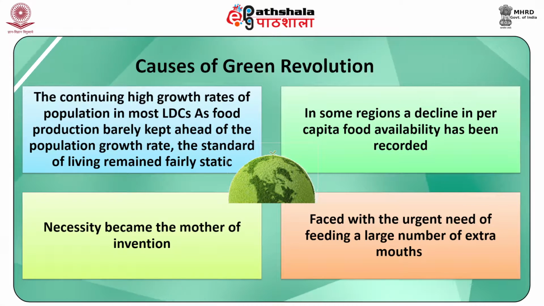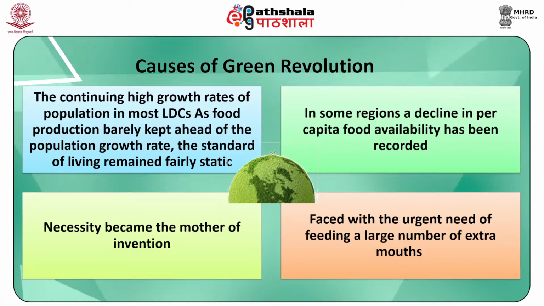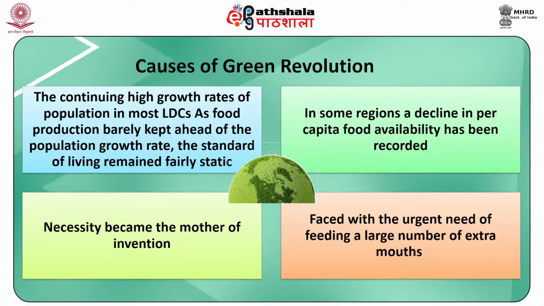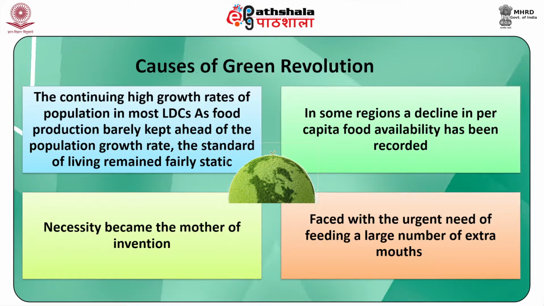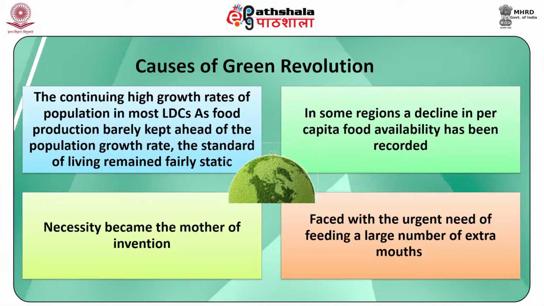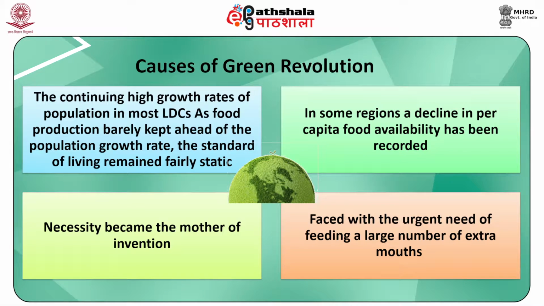As food production barely kept ahead of the population growth rate, the standard of living remained fairly static. In some regions, a decline in per capita food availability has been recorded. Thus, necessity became the mother of invention. Faced with the urgent need of feeding a large number of extra mouths, there was very little choice but to introduce technical progress in agriculture.